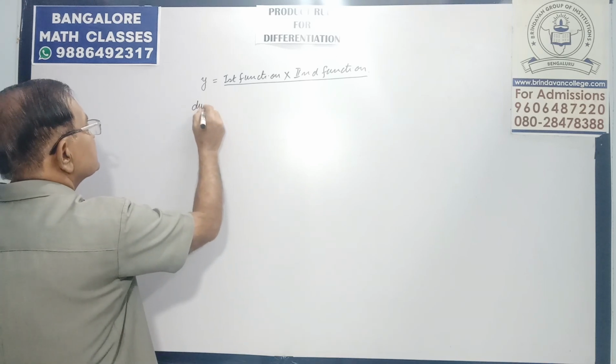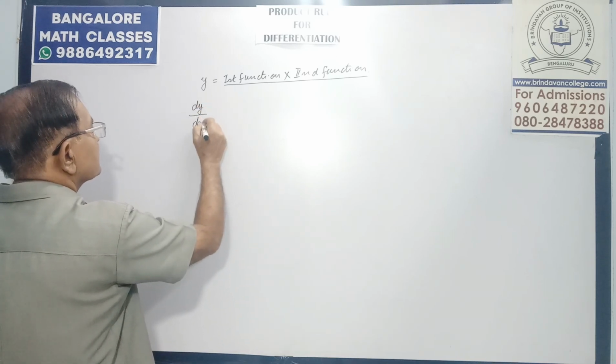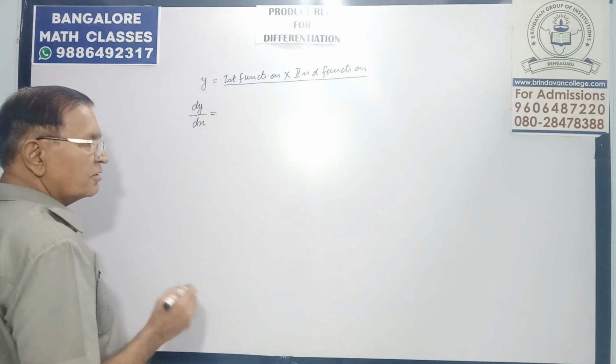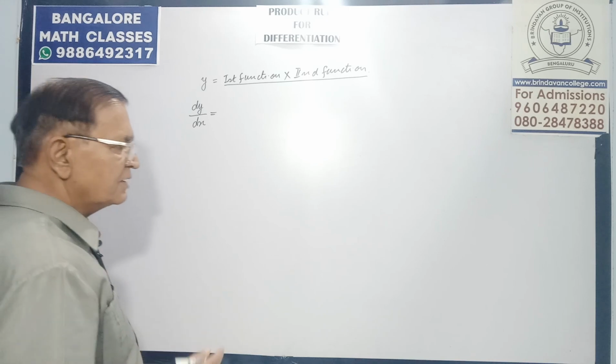The identity to be used is dy by dx. How will you learn it? See it carefully. You will not learn it in some jumbled way.